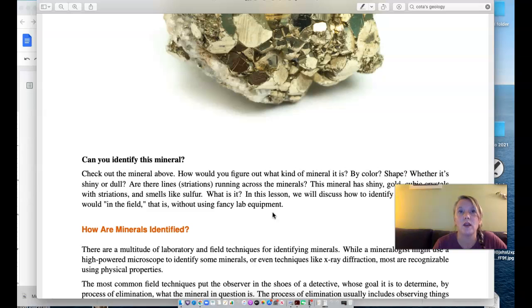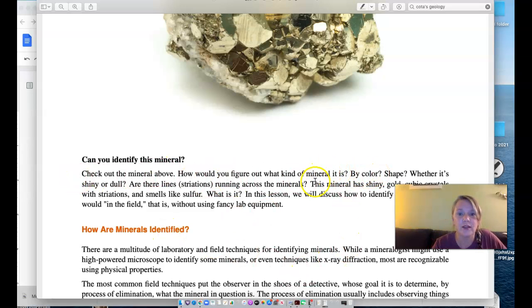That would take way too much brain space, and there's really no need to do that if we can look at physical characteristics and use something called a dichotomous key in order to correctly identify something, okay? And this is no different with minerals. We look at physical characteristics and we use process of elimination in order to narrow down the possibilities and correctly identify them, all right?